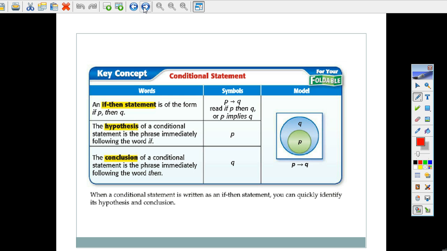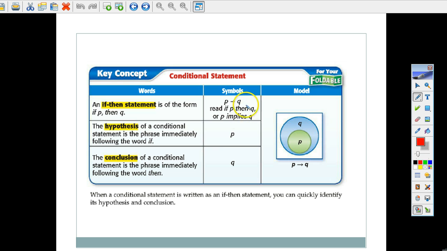So here's the key concept given to you in a chart here. A conditional statement, an if-then statement, is of the form if P, then Q. And the symbol here, you have P and an arrow pointing to Q. You read this as if P, then Q, or P implies Q. The hypothesis of a conditional statement is the phrase immediately following the word if.